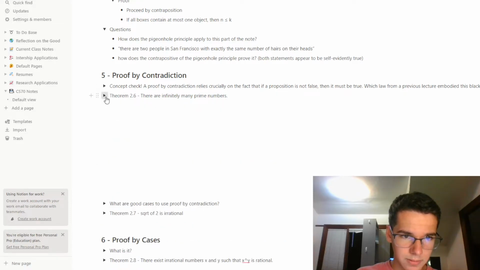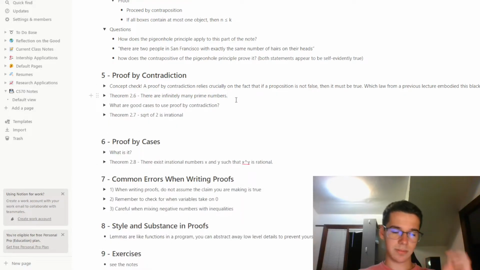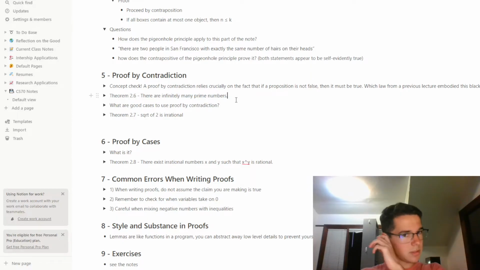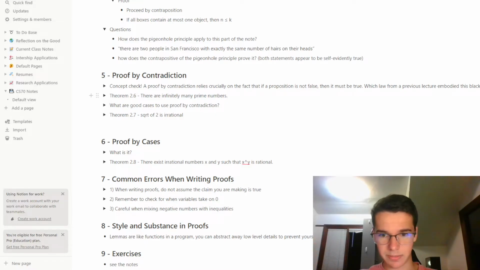And let's see, so let's use the lemma, which was what? The lemma in this note was 2.1, and it said if a number is not a prime, then it has a prime divisor, or it is divisible by a prime number.